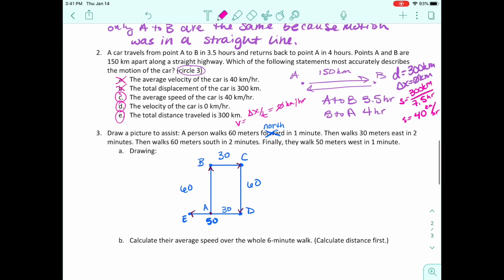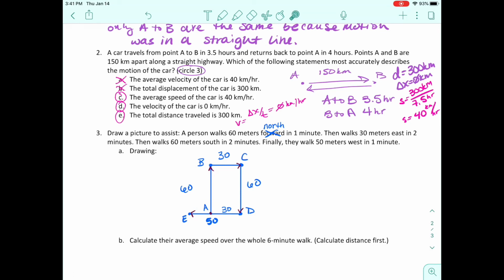Number 3, draw a picture to assist. A person walks 60 kilometers north in 1 minute, then walks 30 kilometers east in 2 minutes, then walks 60 kilometers south in 2 minutes. Finally, they walk 50 meters west in 1 minute.